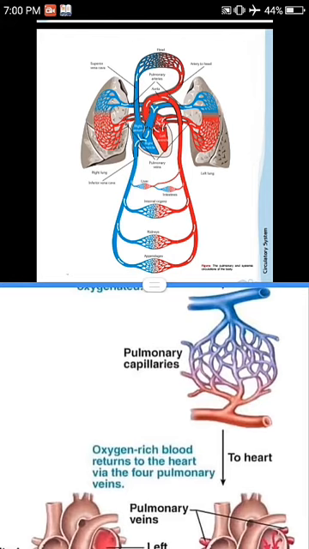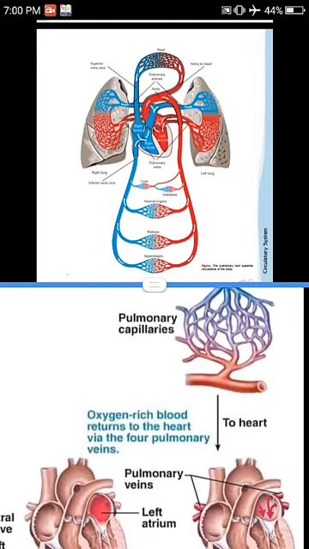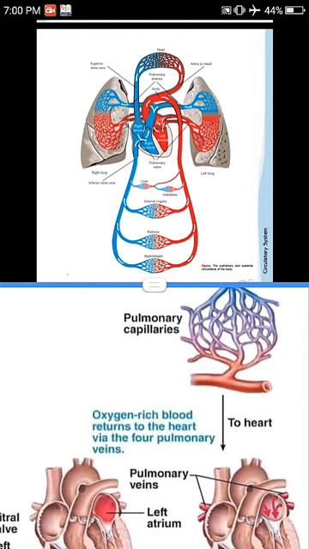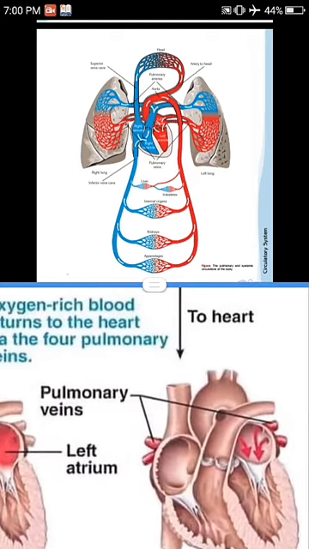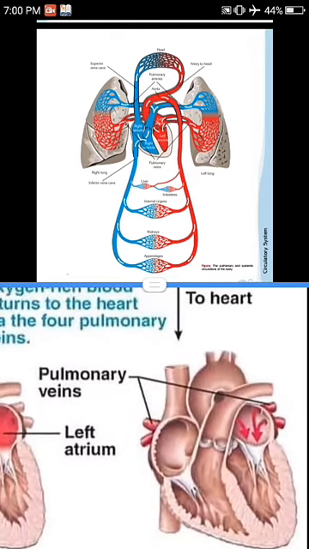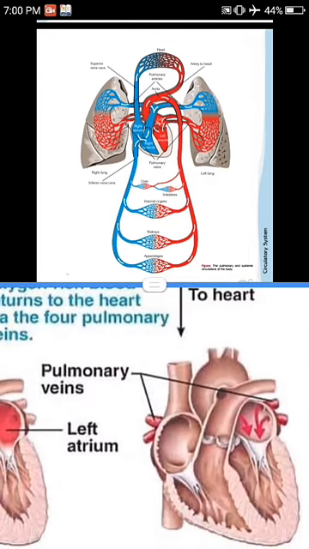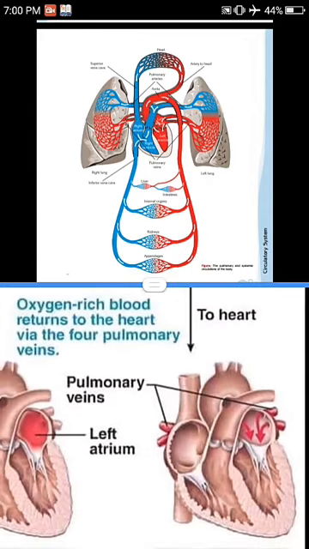The oxygen rich blood returns to the heart via four pulmonary veins. The four pulmonary veins are shown here. You can see, this is the two and this is the two, the left side two and right side two.